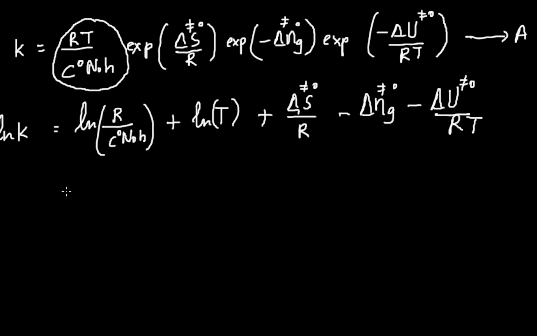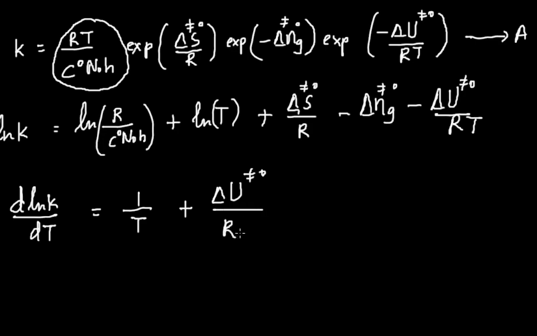Okay, now what will be your d ln K by dT here? So this is constant, it becomes 0. Ln T differentiates to 1 by T, plus the only other place where T is there is here, so it will be delta U divided by RT squared, right? Now this I want to call 2.